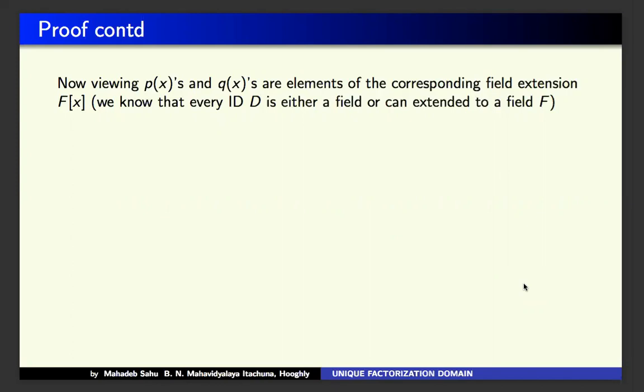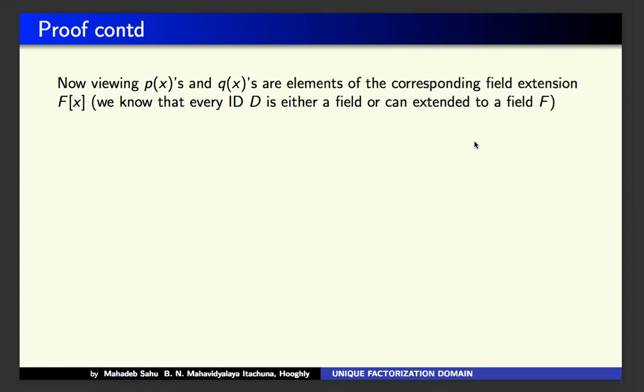So therefore, in the corresponding field extension F(x). Why do we consider a field extension? We know every integral domain is either a field or can be extended to a field. So we take P(x), Q(x) in D[x], of course, but we can take them in another extension, which is the field F(x), called the quotient field.